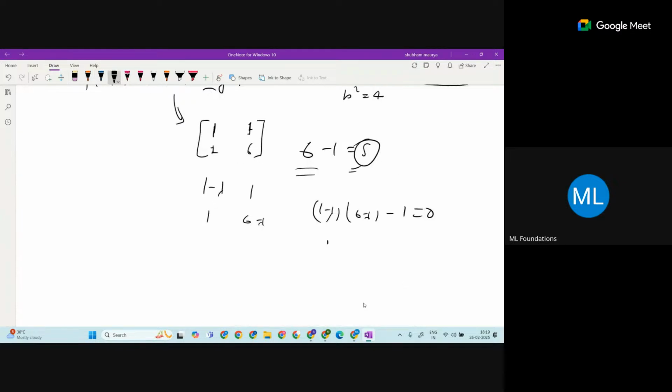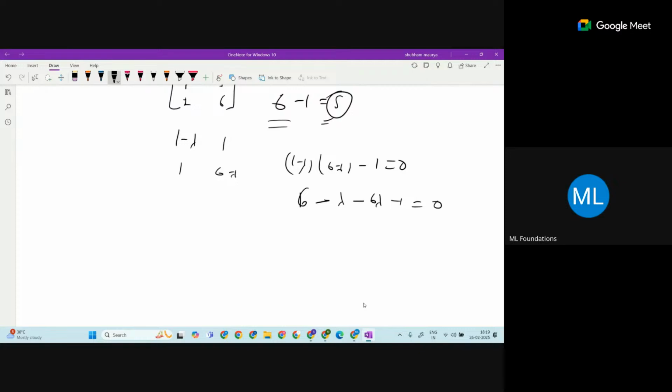So this is 6 minus lambda minus 6 lambda plus lambda square minus 1 is equal to 0. So this is lambda square minus 7 lambda plus 5 is equal to 0.